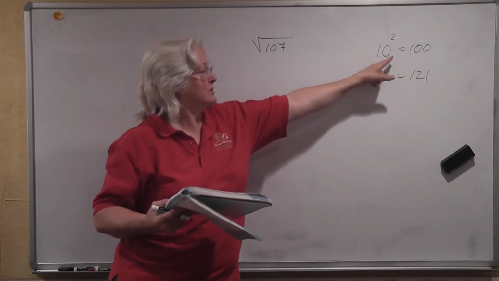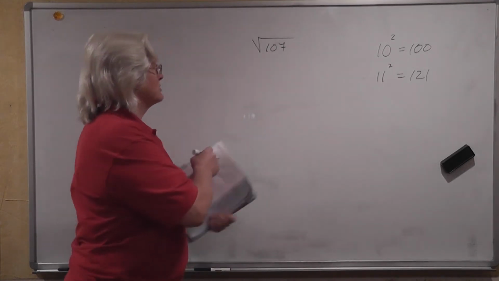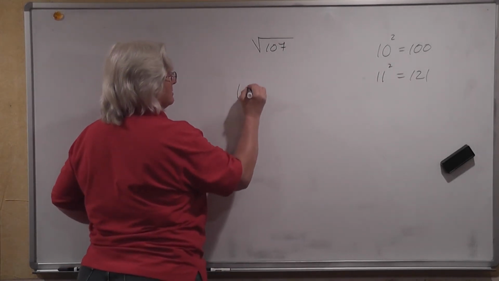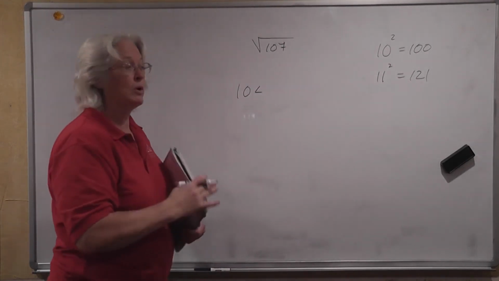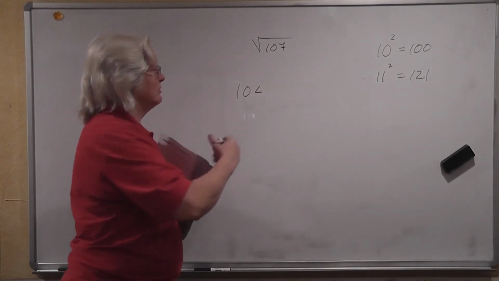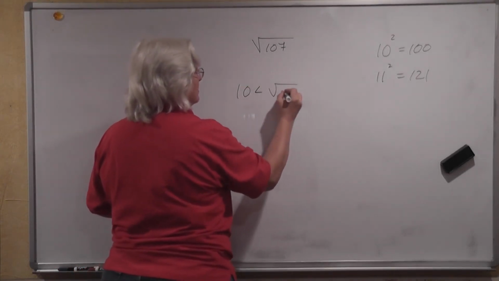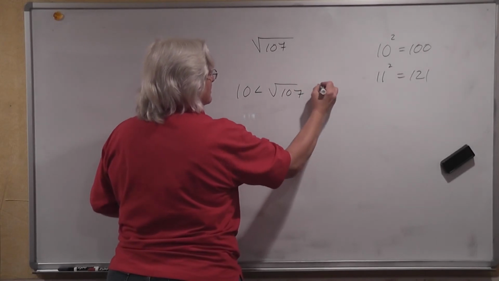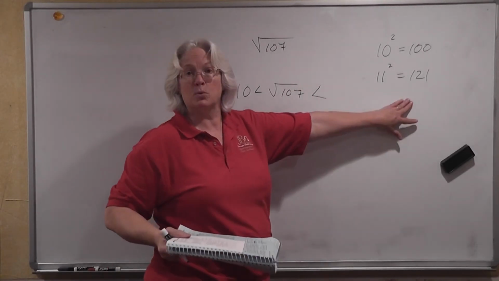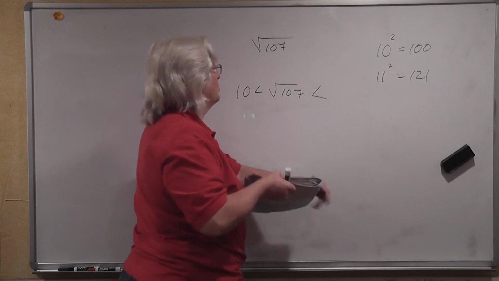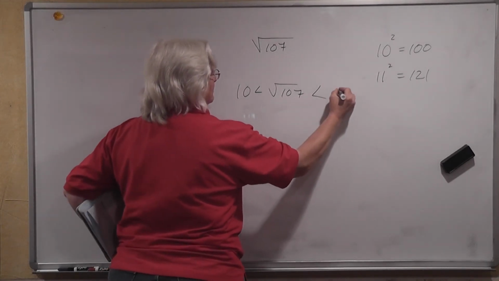So what's the square root of 100? The square root of 100 is 10. Square root of 100 is less than the square root of 107. And that is less than the square root of 121, which is 11.